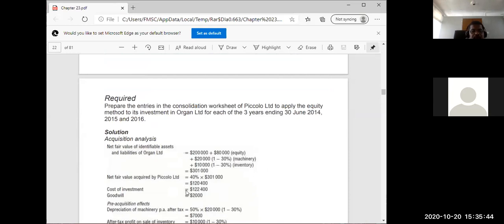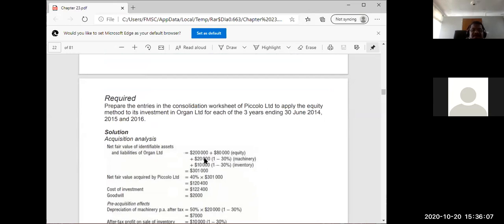Now you can remember the cost of investment is here, right? And you can remember this 200,080, that is the book value of equity given in the question at the acquisition date. And this 20,000 and 10,000, this is the machinery upward and this is the inventory upward.